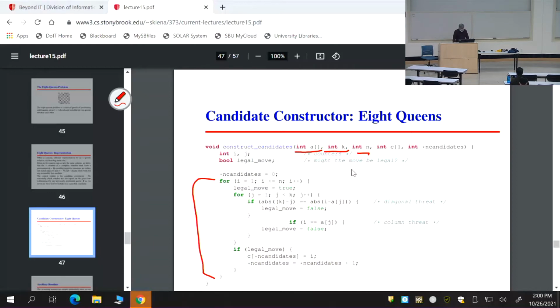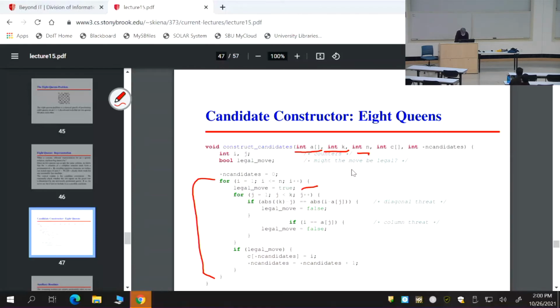Okay? Once I do that, what am I going to do? I'm going to say that a move, a position i, is a fair candidate to put something if no existing queen is going to attack me. What am I going to do? I'm going to check all of my k queens so far.